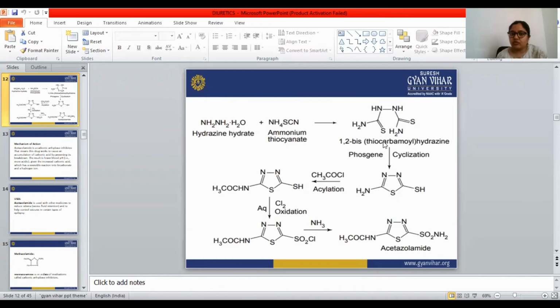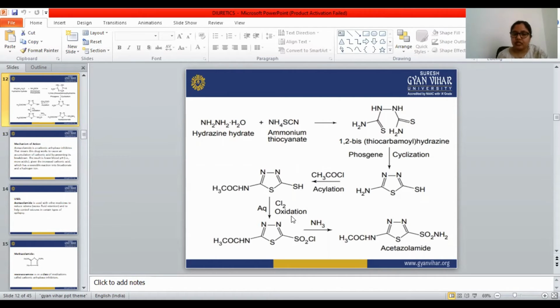After that, cyclization happens and this becomes the cyclic form. Then it is reacted with CH3COCl, and H and HCl are removed from here, and the acetyl group connects to the N atom, forming this product.